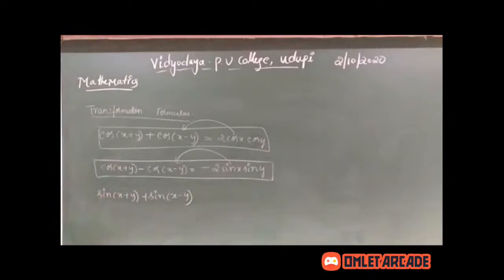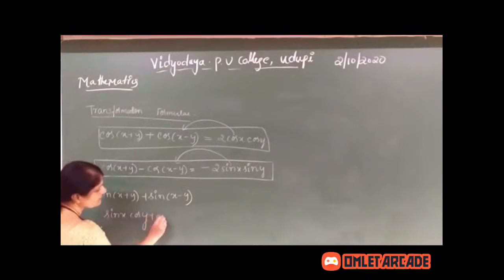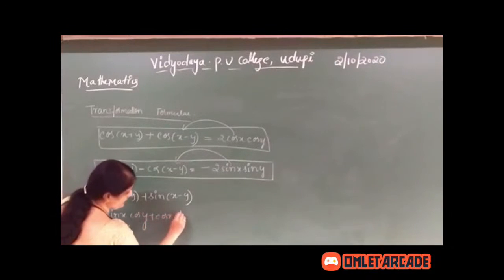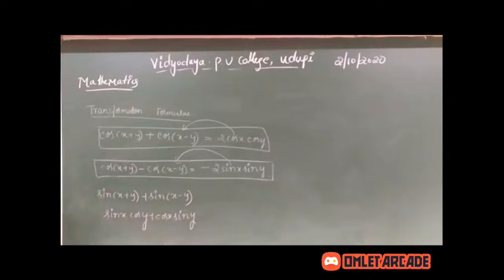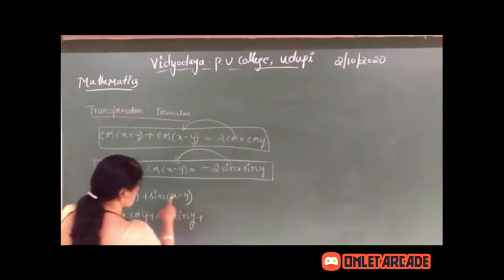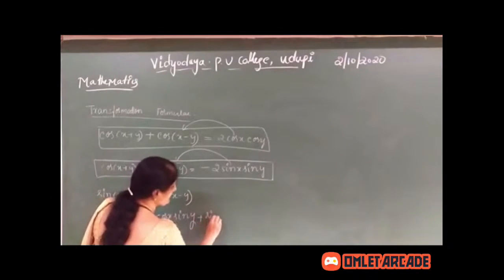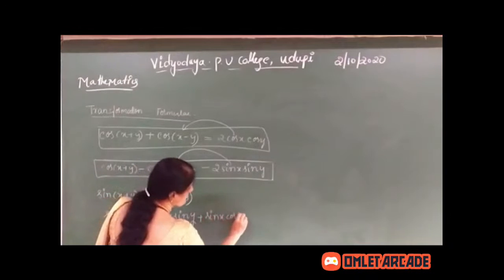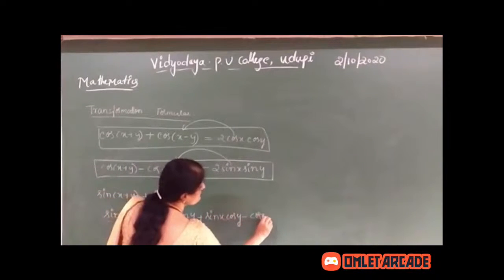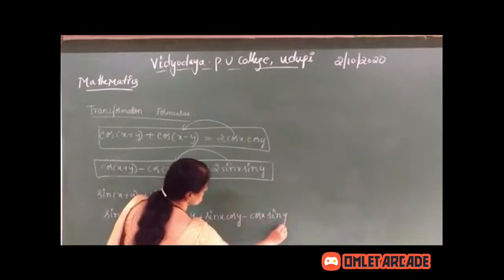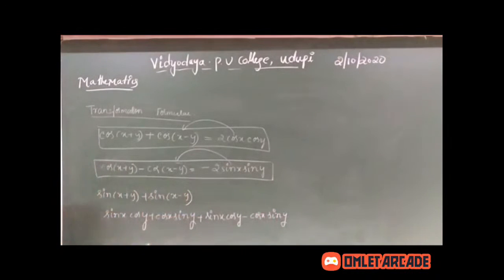Okay. Now similarly, for sin, we will do sin of x plus y plus sin of x minus y. We are adding these two, let's see what we get. Sin of x plus y is sin x cos y plus cos x sin y, right? Plus, here it is minus, sin x cos y minus cos x sin y, isn't it? Now cancel these two, cos x sin y and cos x sin y.